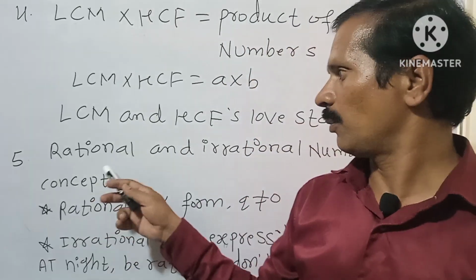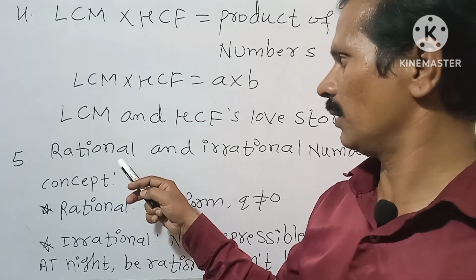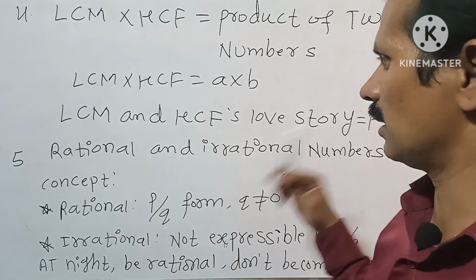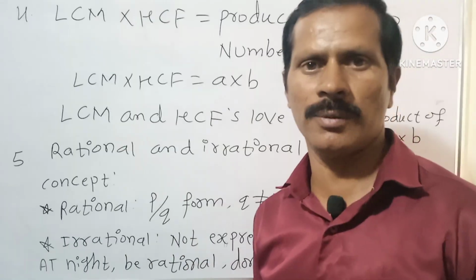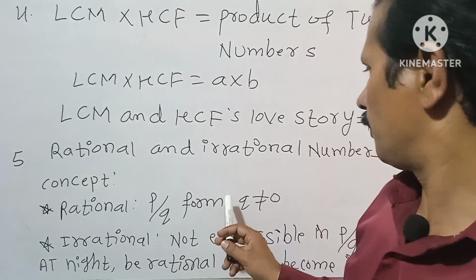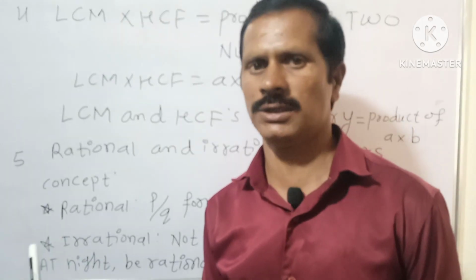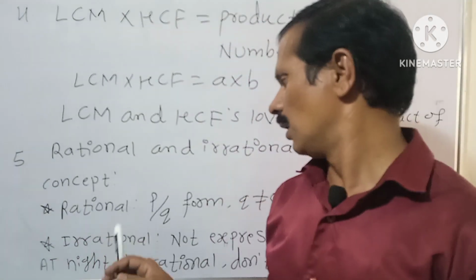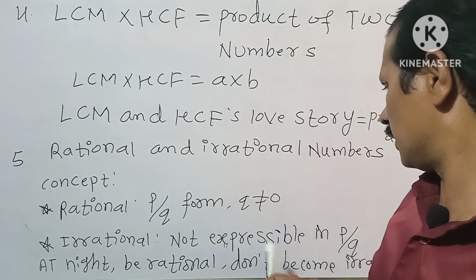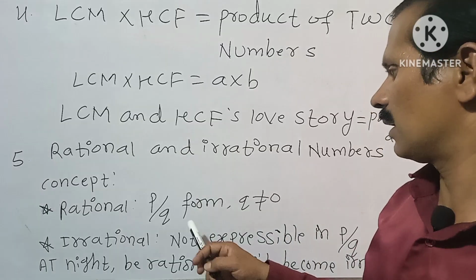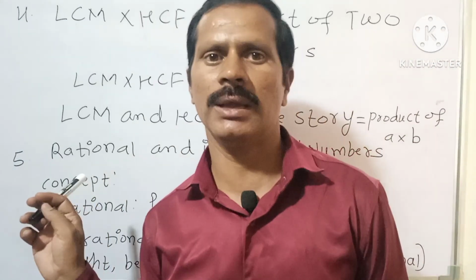Fifth point, rational and irrational numbers. What do we mean by rational and what do we mean by irrational numbers? Rational numbers are always in the form of p by q, where q is not equal to 0. Irrational numbers are not expressible in p by q form.